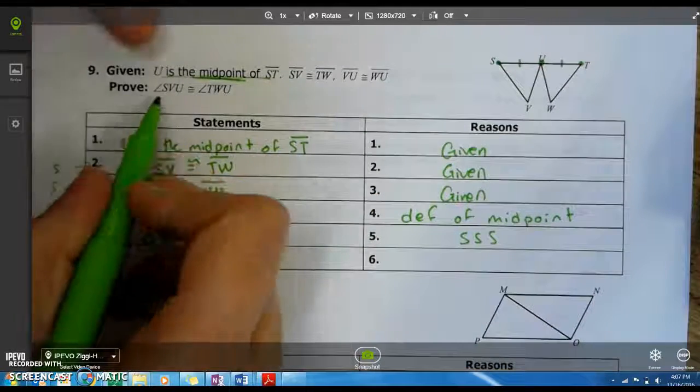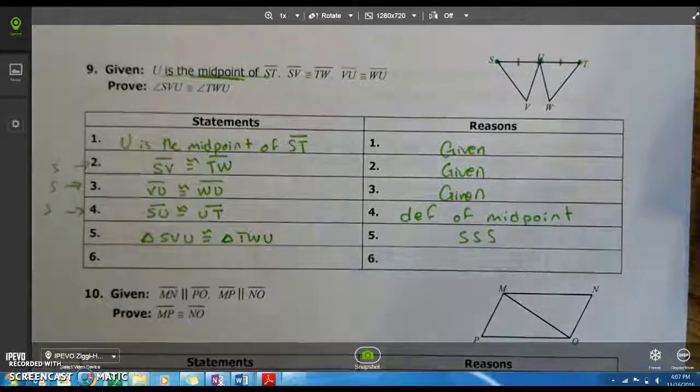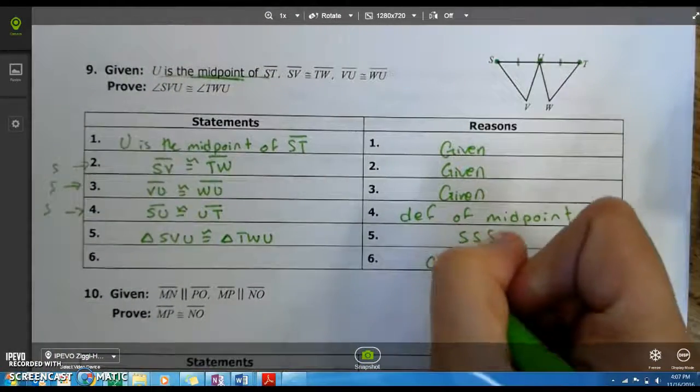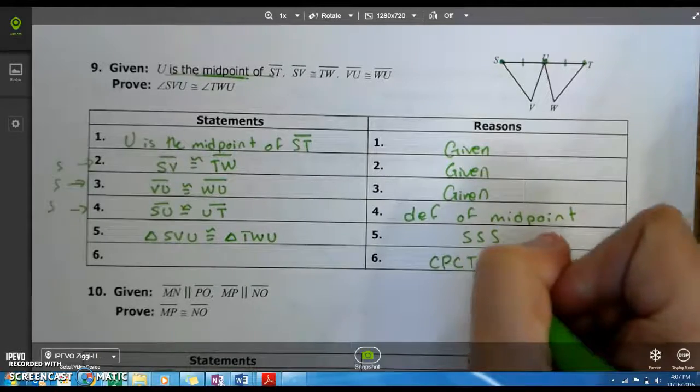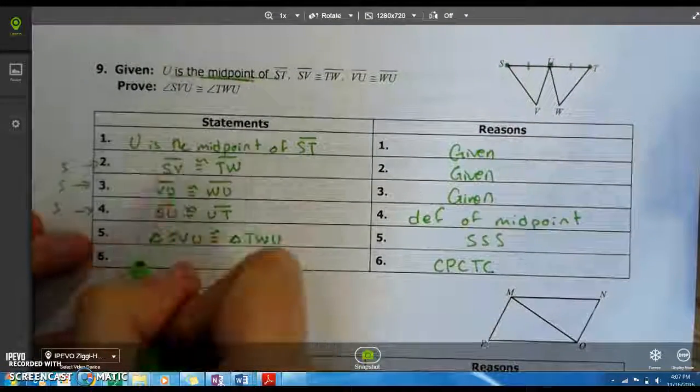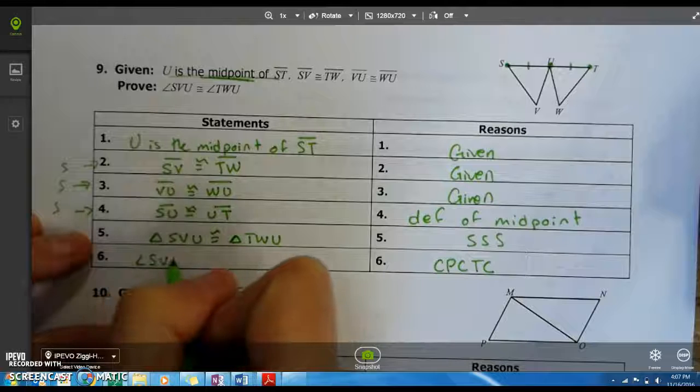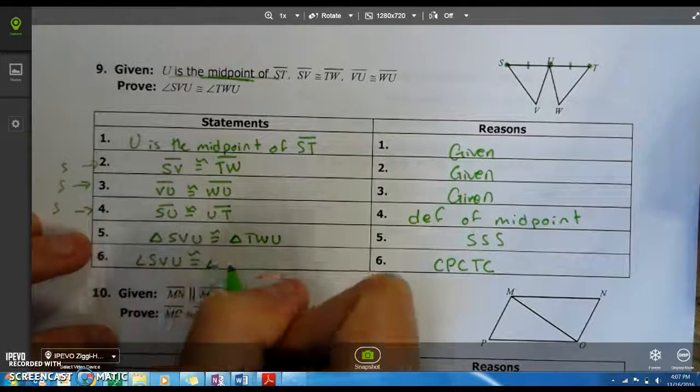But that isn't what they asked me to show. They asked me to show that the angles are congruent. So I have to come in here and use CPCTC. And that's going to tell me that my angles are congruent.